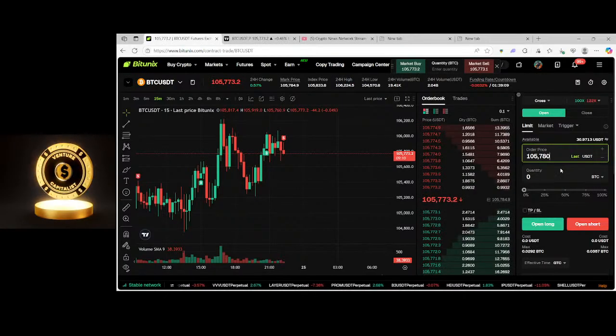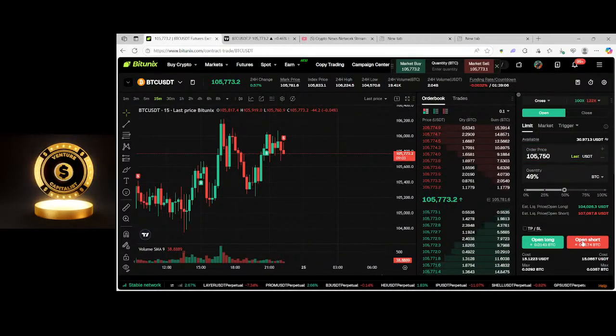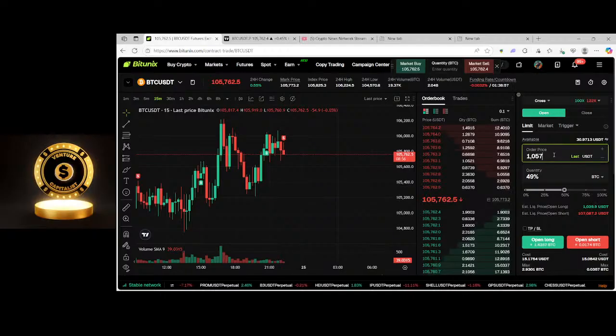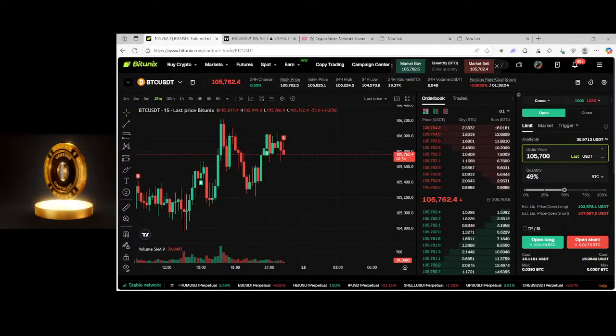So what I'm going to do is get into a short right now. I'm going to put it at 105,750. With a limit, right? If you want to get into an order right now, it has to be lower than the current price. So there is no trigger. There's limit, market, right?